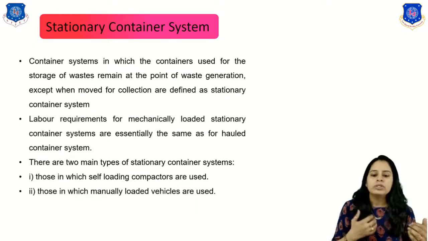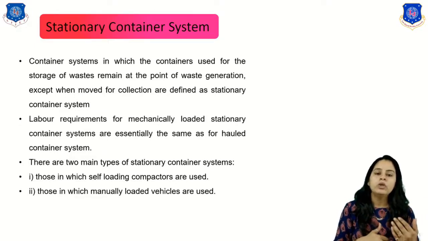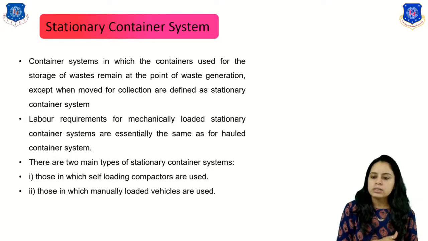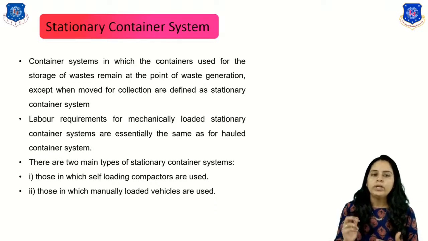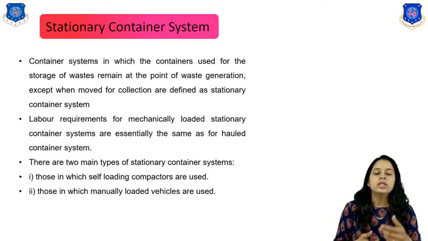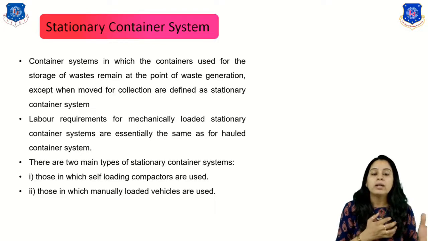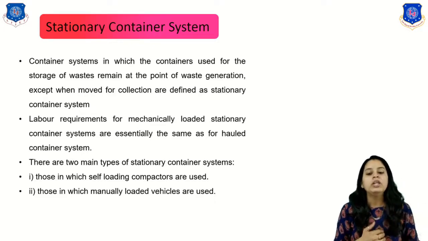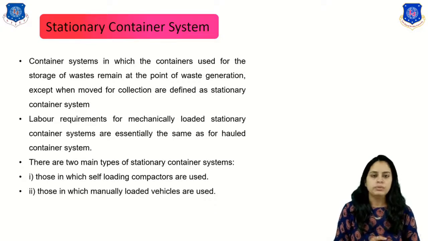The labor requirement for the mechanically loaded stationary container system is essentially the same as for the hauled container system. Basically, there are two types of methods for the stationary container system: the first is those in which self-loading compactors are used, and the second is those in which manually loaded vehicles are used.